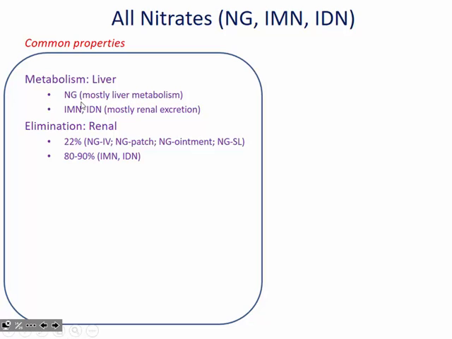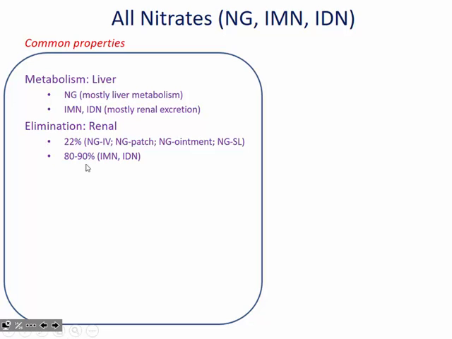Isosorbides or nitroglycerin? You choose isosorbides, right? Because it's mostly renally eliminated. For nitroglycerin, liver metabolism is very important.